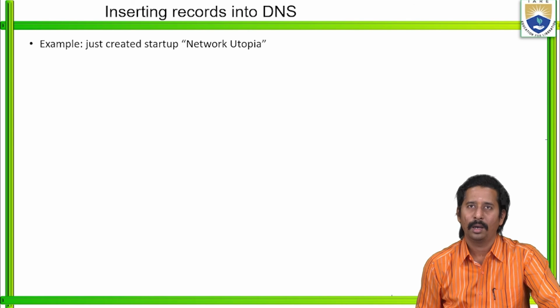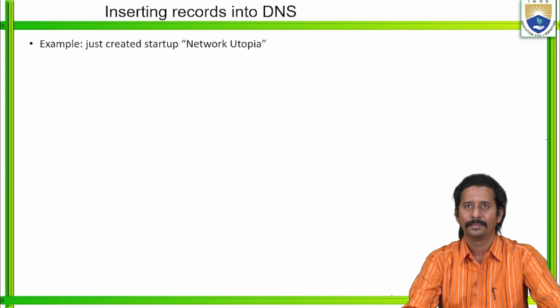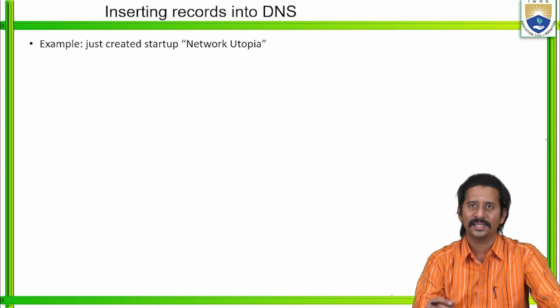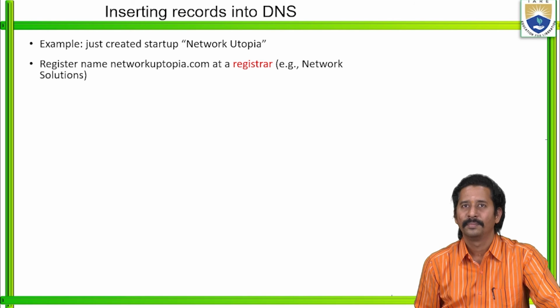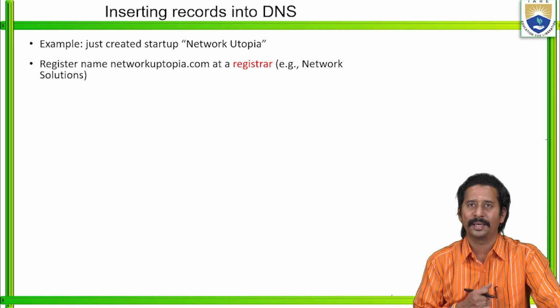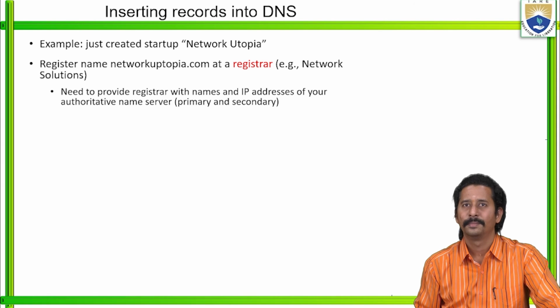Then how do we insert records into the existing DNS? Example: we just created a startup called Network Utopia. Then we need to register that particular name, networkutopia.com, at a registrar site. Generally this is helpful for any startup.